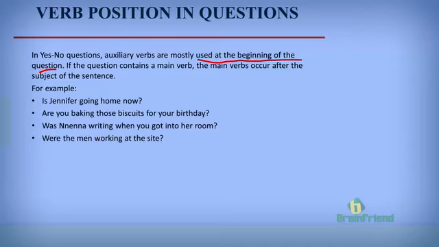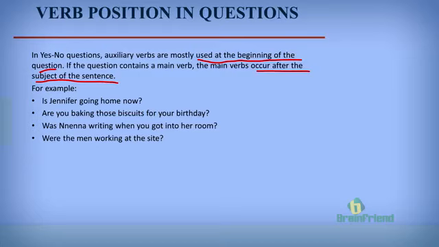And if the question contains a main verb, the main verb occurs after the subject of the sentence. In these kinds of questions, we find that auxiliary verbs are used at the very beginning of the question. They are used to ask questions.